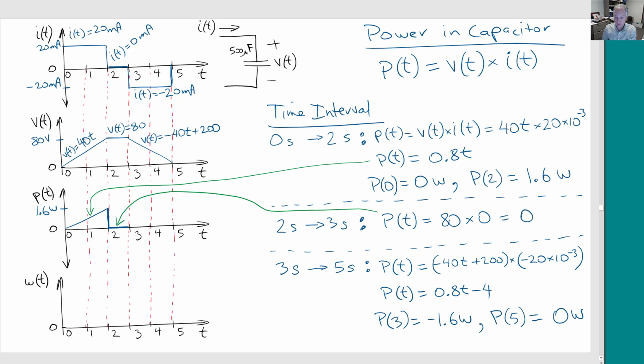Well, let's calculate the 2 points, okay? So at t equal to 3 seconds, we get minus 1.6 watts. That's kind of interesting, right? So it looks like at 3 seconds, it's jumping down here. And then at t equal to 5, what's the power at 5 seconds, then we get 0 watts, okay?